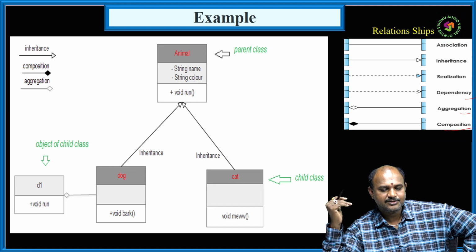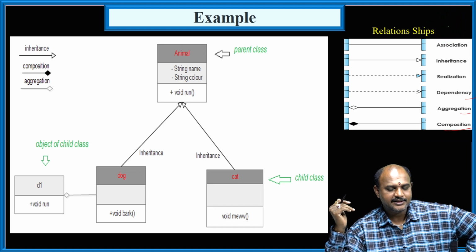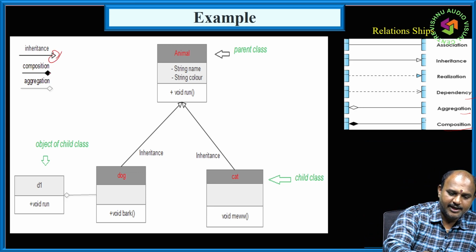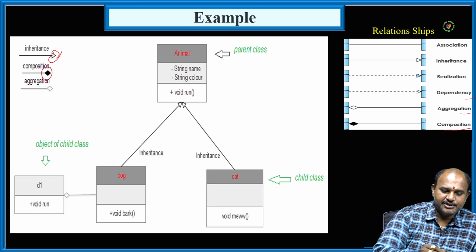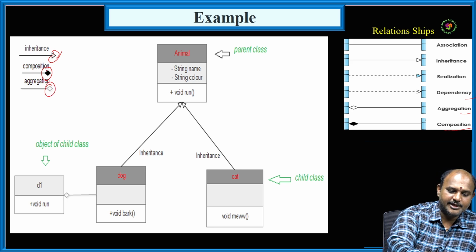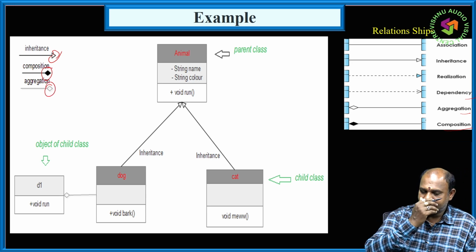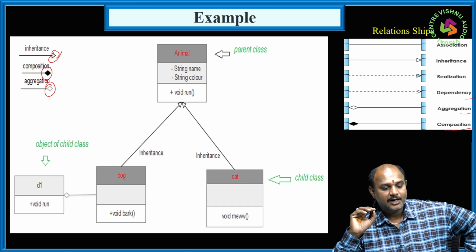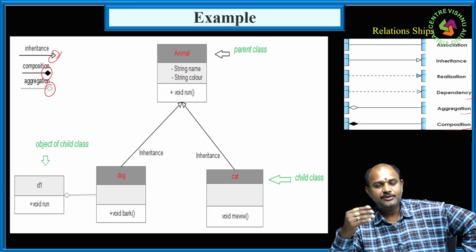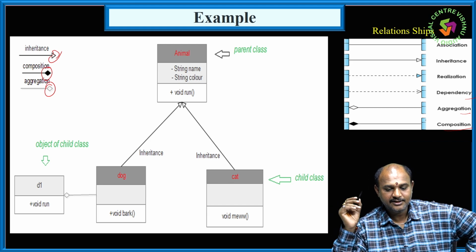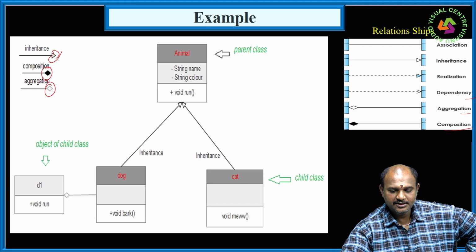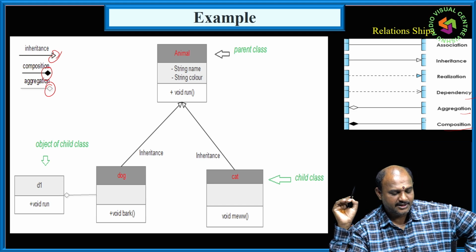So that is called inheritance. This is the symbol we use, and this is composition. This is aggregation, one to many, zero to many. So the relationship we can use is this. Here aggregation can use one to many. A simple example is given here.